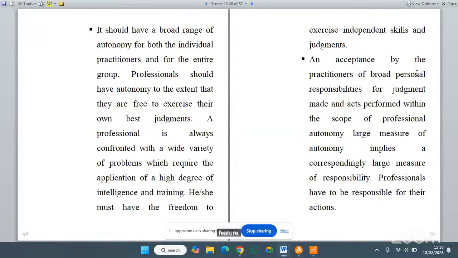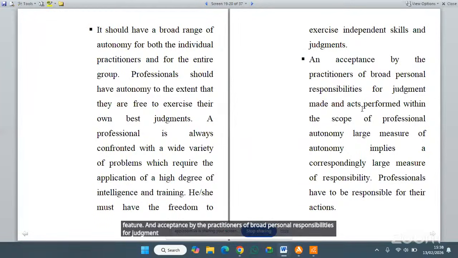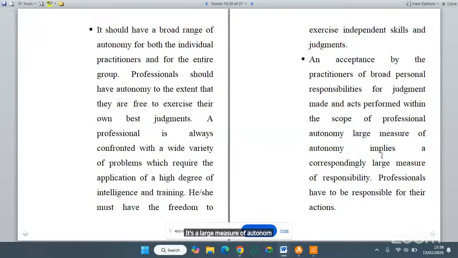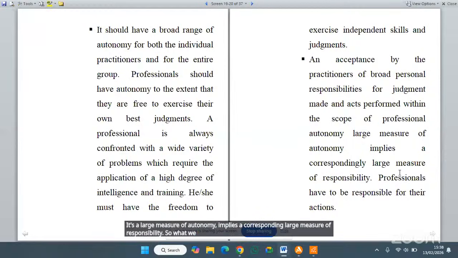And acceptance by the practitioners of broad personal responsibilities for judgment made and acts performed within the scope of professional autonomy. A large measure of autonomy implies a corresponding large measure of responsibility. So what we are saying here is professionals should be held accountable.